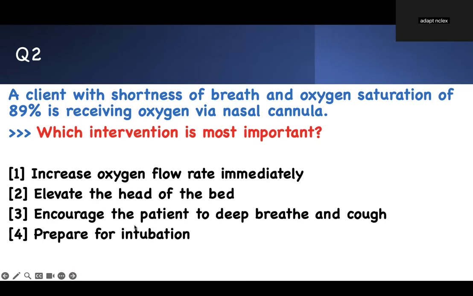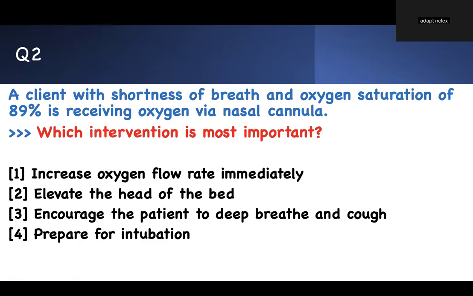Same thing. Which intervention is most important? A client with shortness of breath and an oxygen saturation of 89 is receiving oxygen via nasal cannula. Which intervention is the most important? All the interventions are appropriate. Come back to the fundamentals of nursing. What do you want to do?